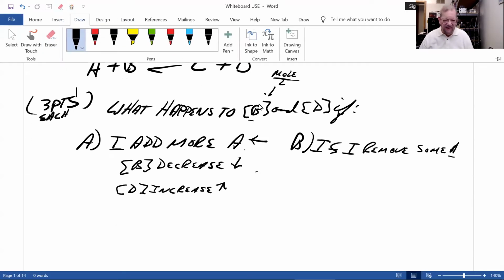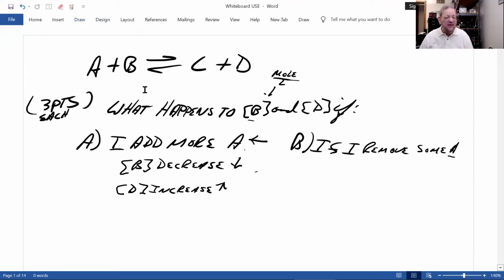At equilibrium, there is a certain amount of A, a certain amount of B, a certain amount of C, a certain amount of D. And it's shifting back and forth and everybody's happy. You didn't know molecules could be happy. They can. And now we take away some A.